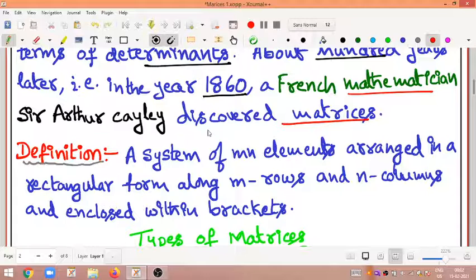Now comes to the definition of matrices.